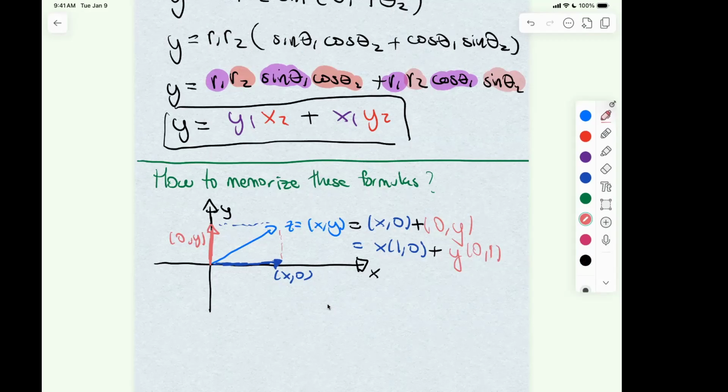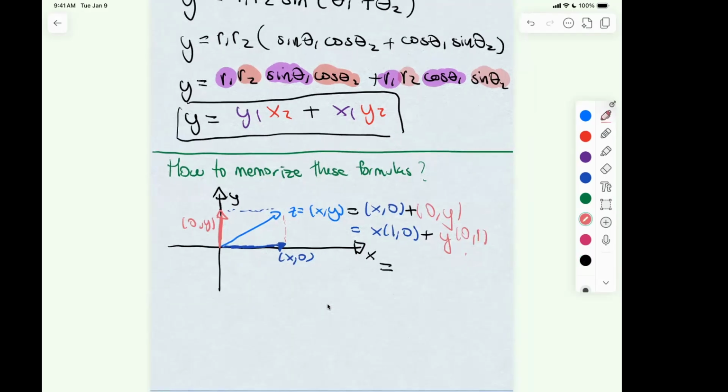I believe I mentioned this before: this 0 comma 1 has a special name in complex numbers. It's called i. So this is baptized i. This is the number i.